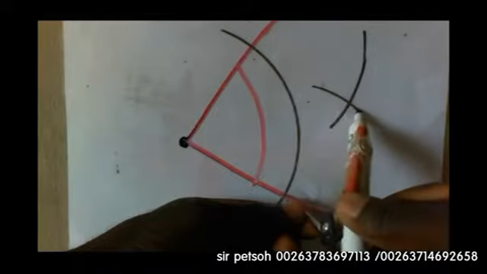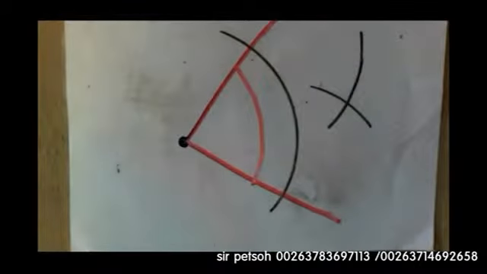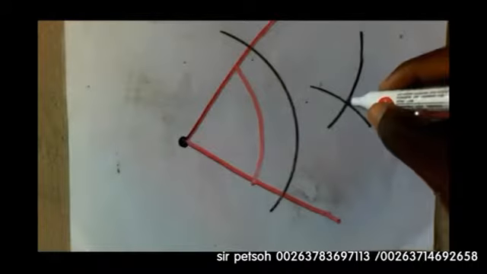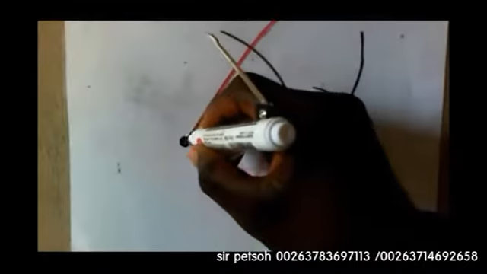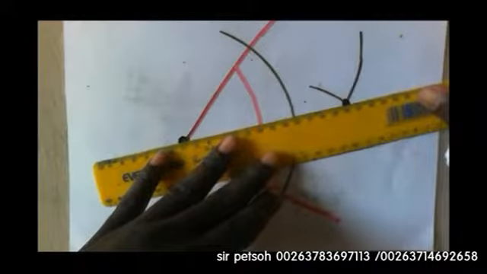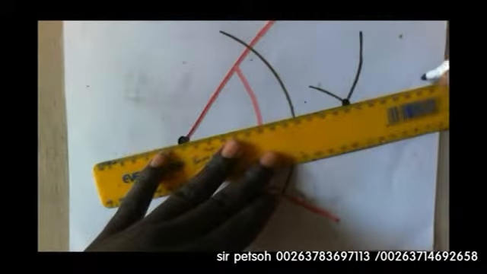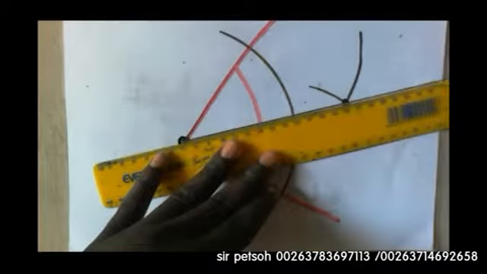Draw another arc to intersect with the first arc. Then join the point at the intersection of the two arcs and the origin of the angle. This is an angle bisector.